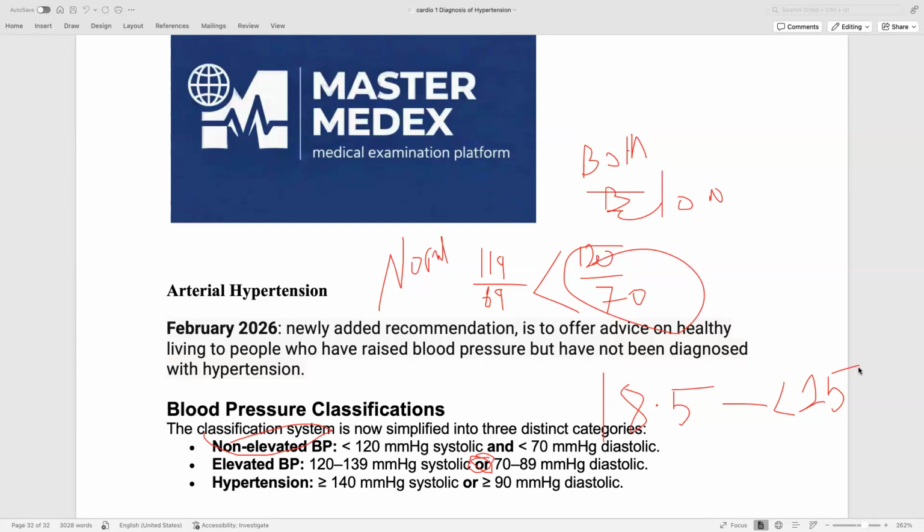Number 5, limit alcohol. Avoid binge drinking. Should have alcohol-free days each week. And who are the patients we should advise to stop or avoid alcohol completely?